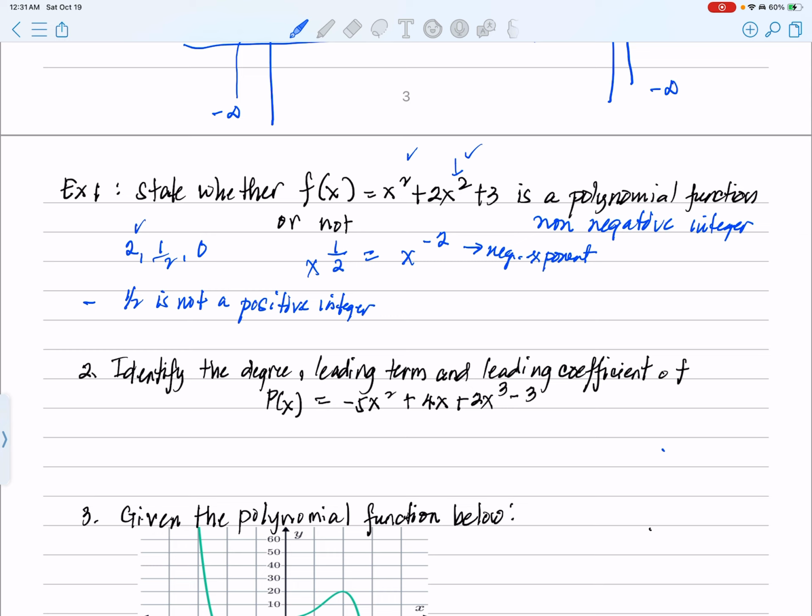That means, what can we say about our function? x squared plus 2x to the power of 1/2 plus 3 is not a polynomial function.